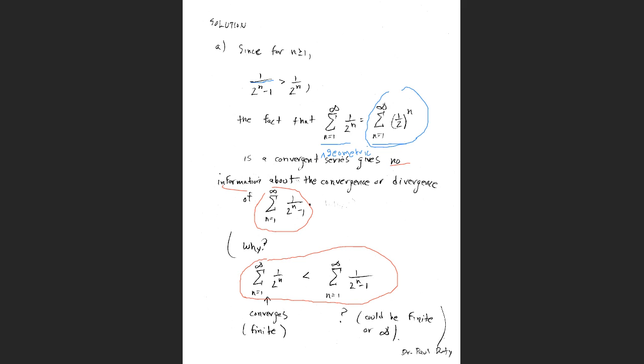The geometric series converges, but our larger series could be finite or it could be infinity, right? We can't use the comparison test here because we are comparing our series to a smaller series that converges. So we can't say that our larger series converges. It could converge, but it could diverge too. The sum could be equal to infinity. Does that make sense? Okay, Leping's comfortable with that.